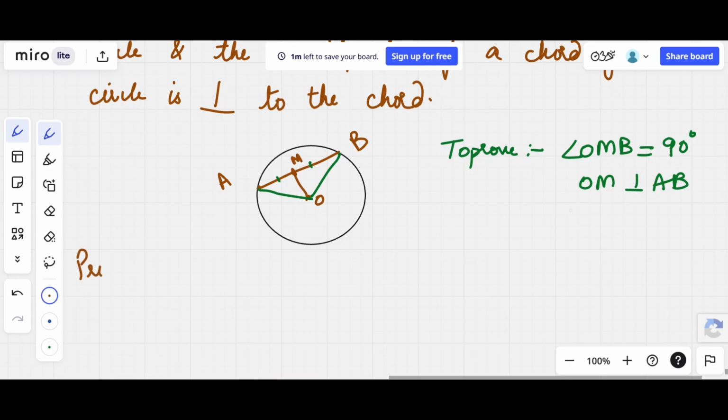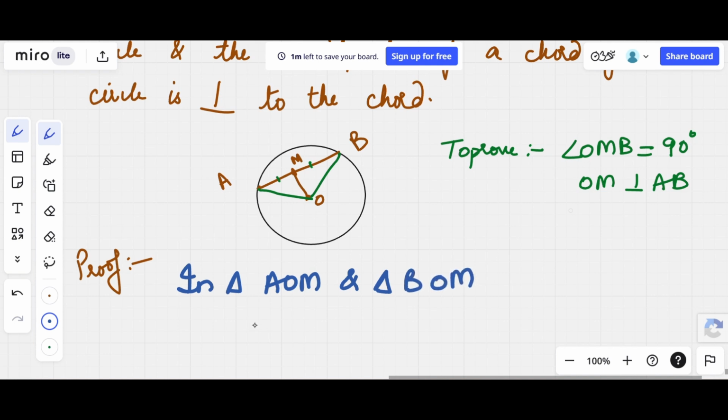Proof. In triangle AOM and triangle BOM, AM equal to BM, given.